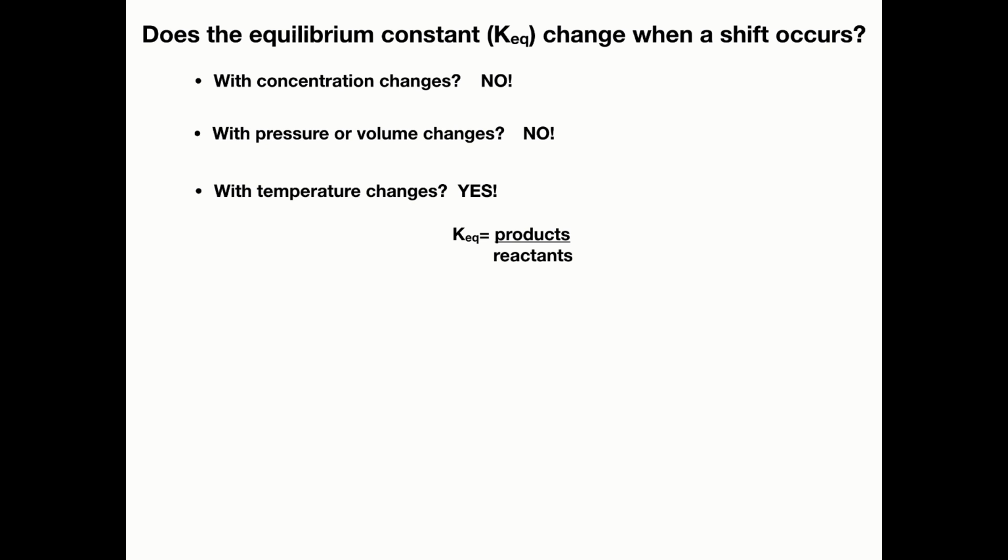If you increase the amount of reactants, that's going to cause KEQ to decrease. So if you have a shift to the right, that causes your concentration of products to increase, and that means your KEQ is going to increase as well. If instead you have a shift to the left, your KEQ will decrease.